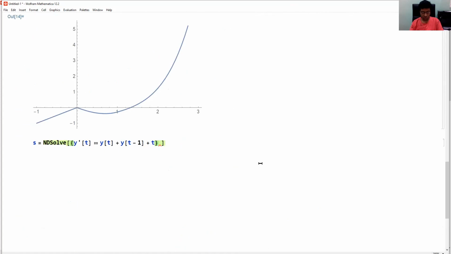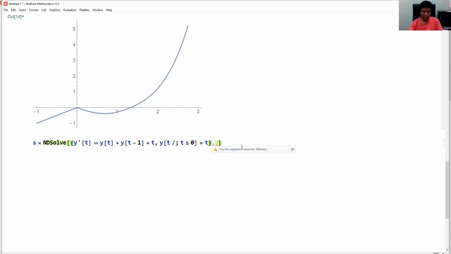We know how to provide initial data. It is y, then square bracket t, oblique semicolon, t less than or equal to 0, equal to t. So the initial data is t. It should not be x, it should be y.